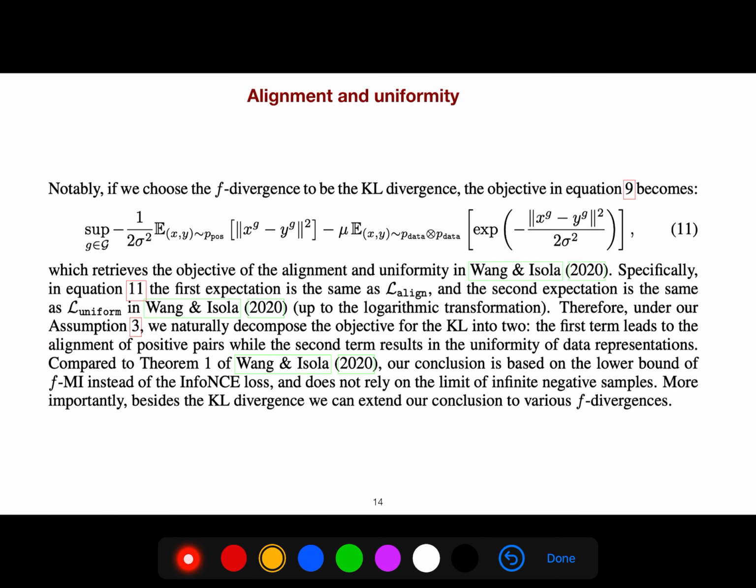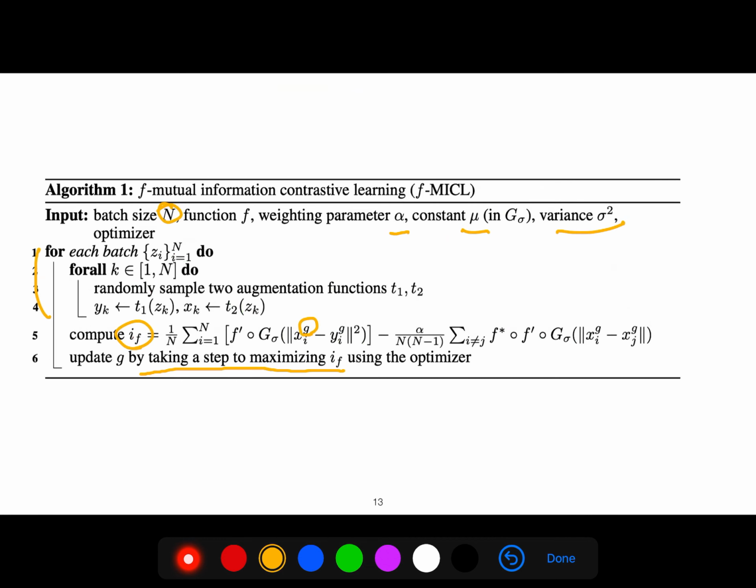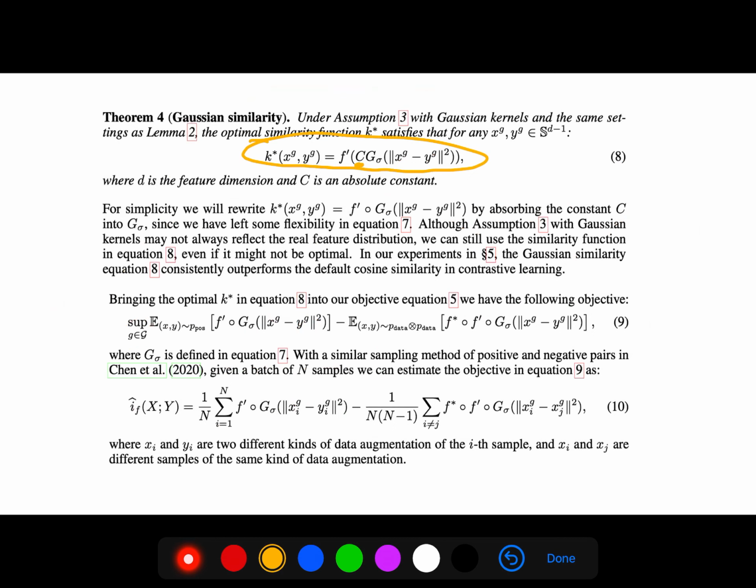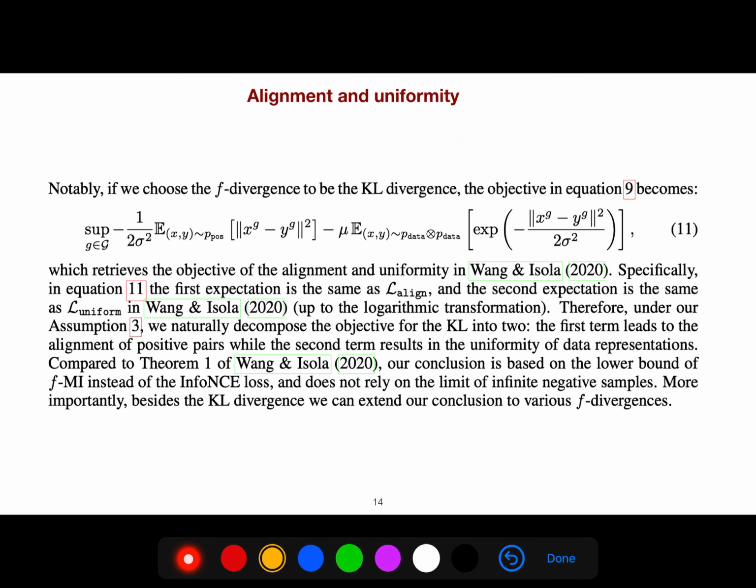If we choose the F-divergence to be KL divergence, the objective that I showed you here now becomes simply this supremum, which retrieves the objective of the alignment and uniformity.